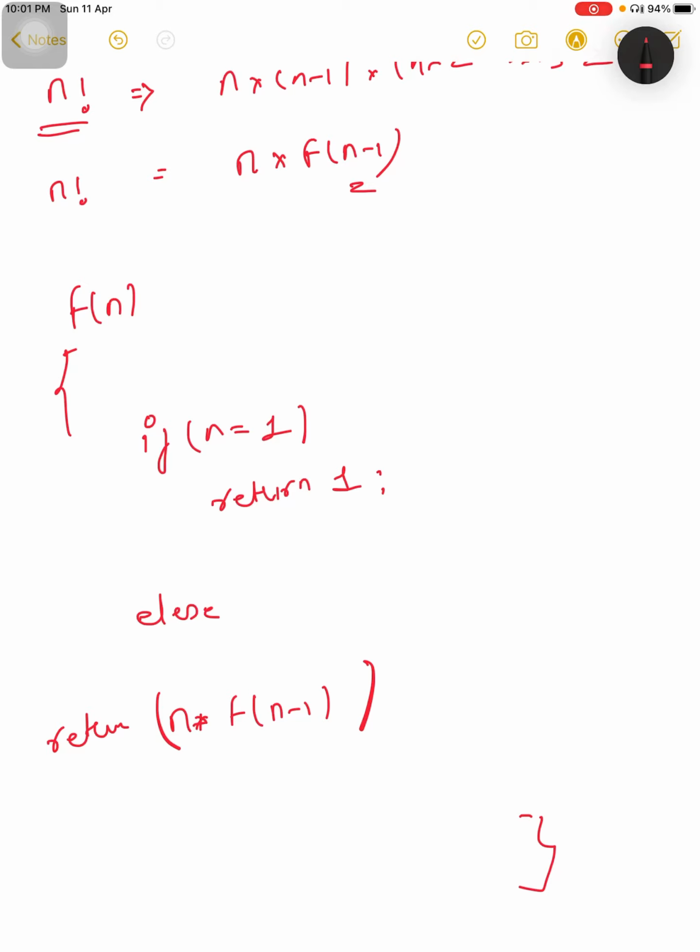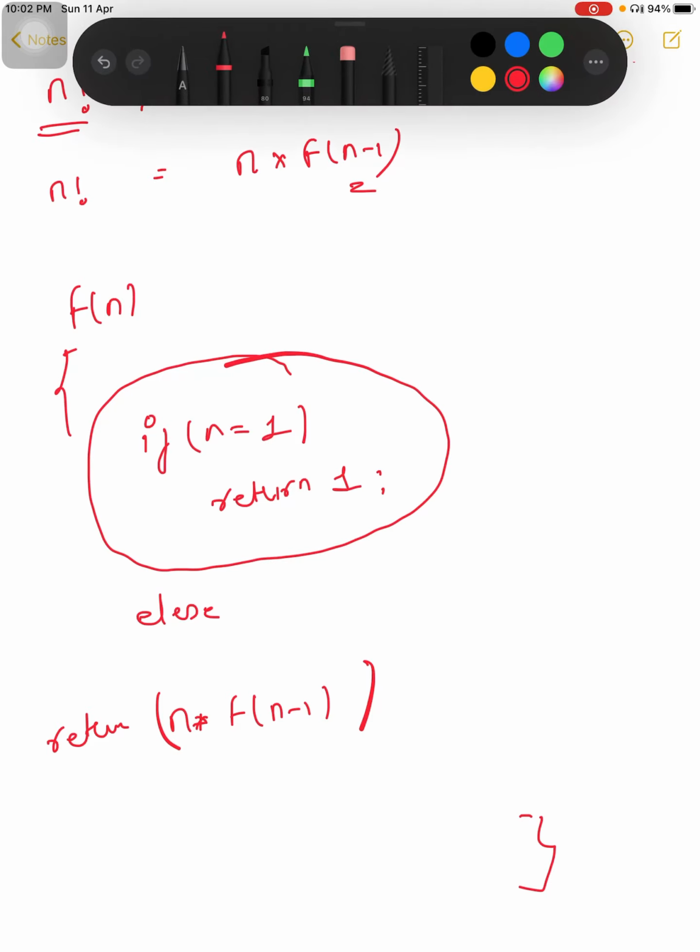So now we can analyze this recursion more by taking the same example. Every recursion will have a termination state. This is the termination state for the factorial program.